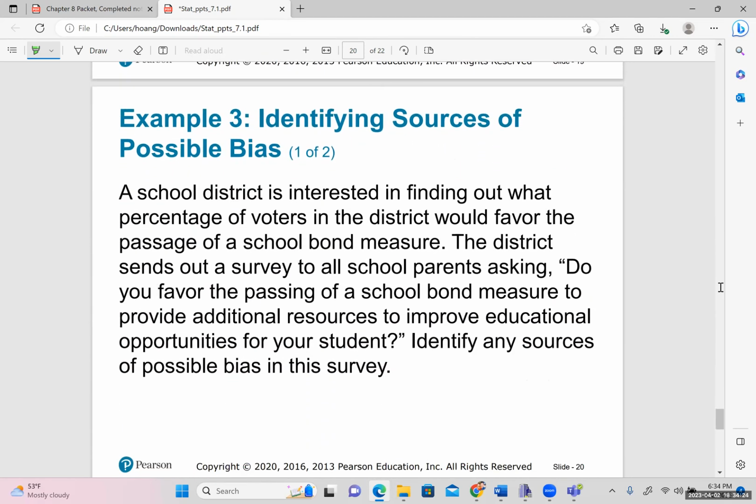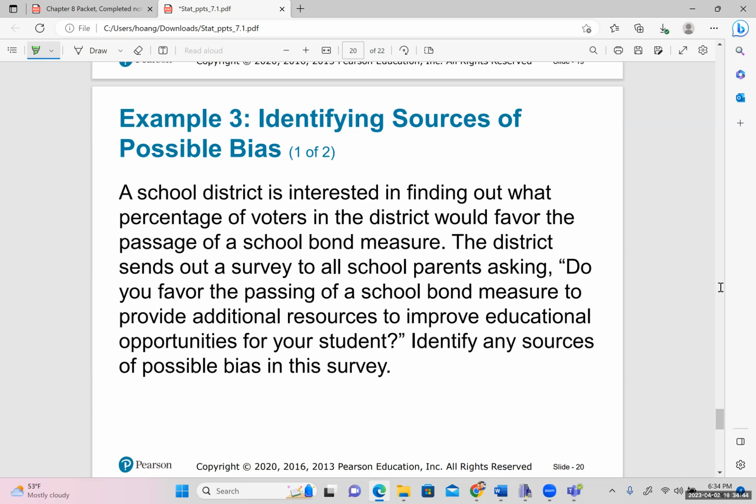So, identifying sources of possible bias. Let's say a school district is interested in finding out what percentage of voters in the district will favor the passage of a school bond measure.